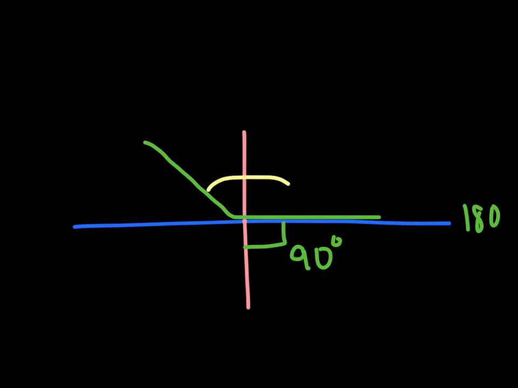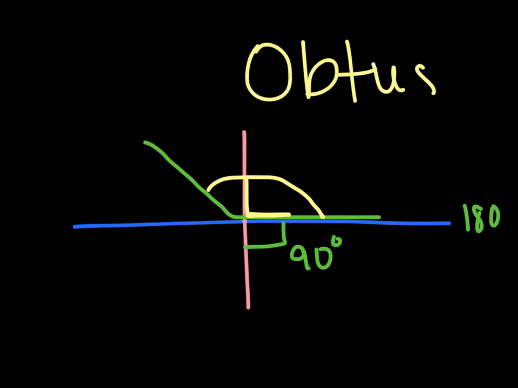And you can see that right here is my 90. Well, that's much larger than a right angle. So we call this obtuse. Okay? So the last one, what was it? Acute, because it was teeny tiny. And this one we call obtuse, because it's big, bigger than 90.